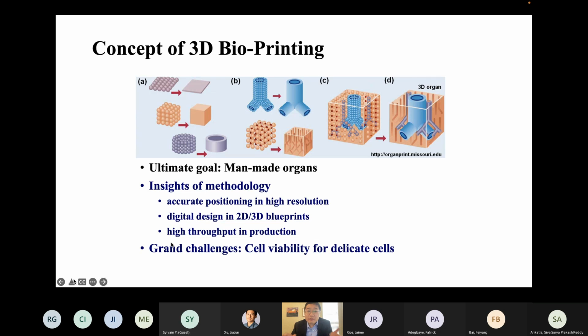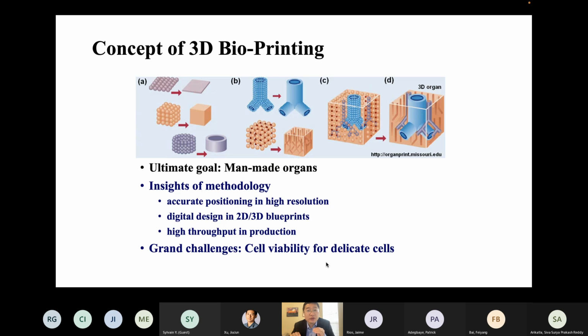If high throughput is an issue, we may have cell viability issues. Can the cells sustain such a long printing time? So overall, considering all of those insights, the major grand challenge that we have is cell viability, especially for delicate cells. Will those delicate cells survive in the harsh printing process?